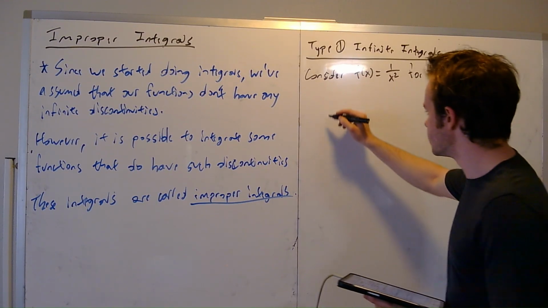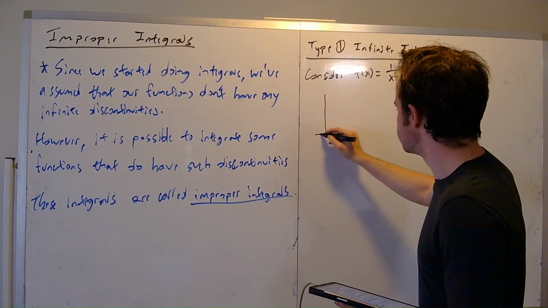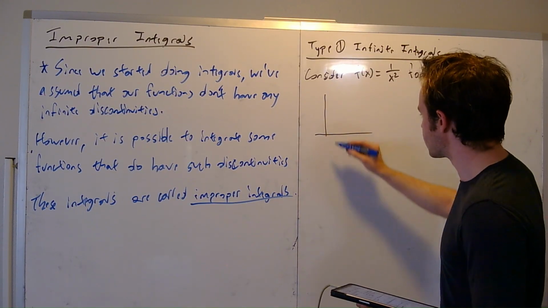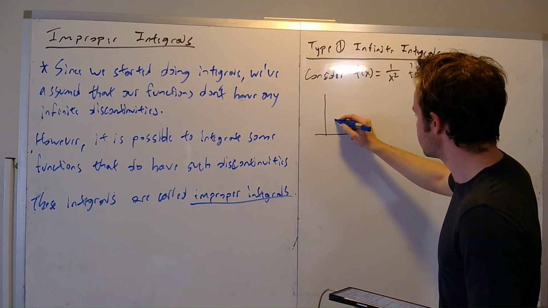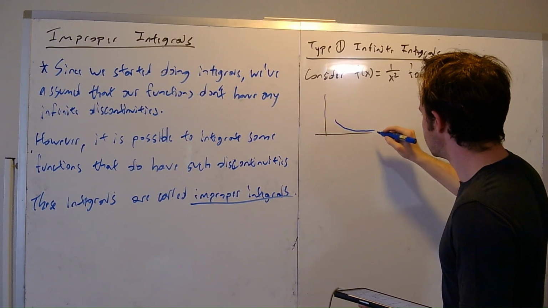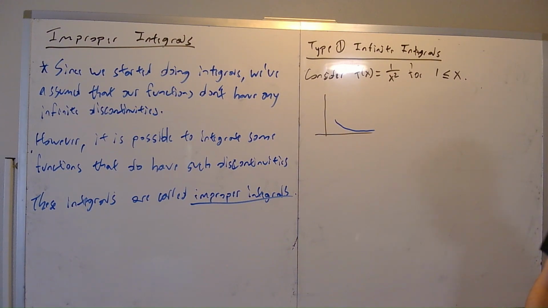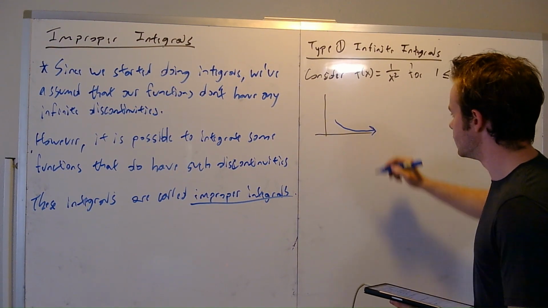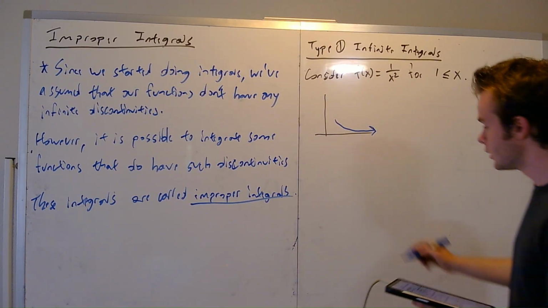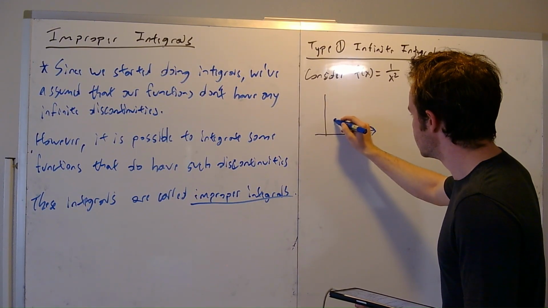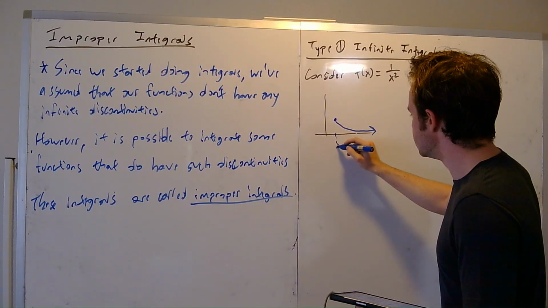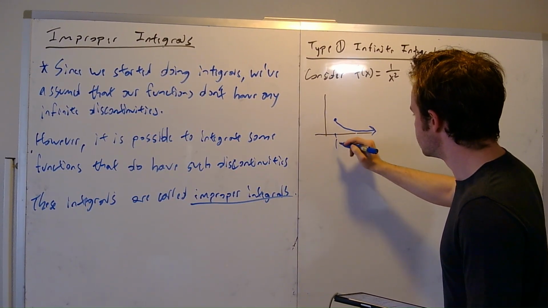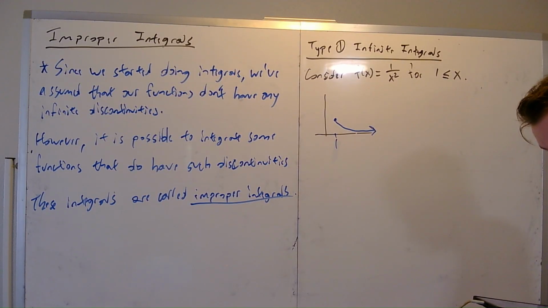Okay, so let's draw what this region looks like. So we know the graph of 1 over x squared is going to look something like this, and it goes on towards infinity. So it goes on infinitely in that direction. And we know this point is at x value 1. Okay.